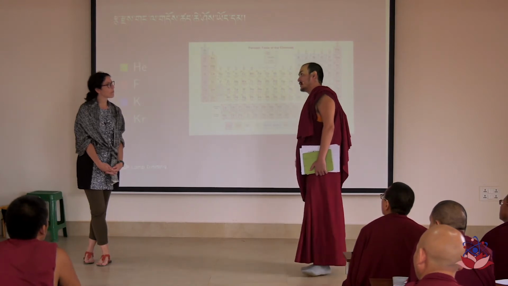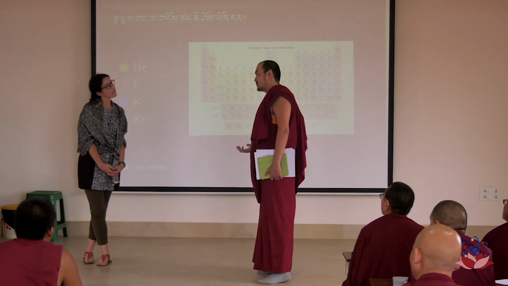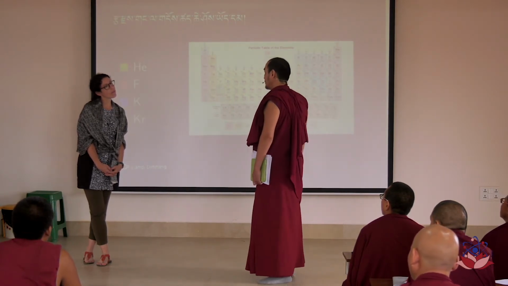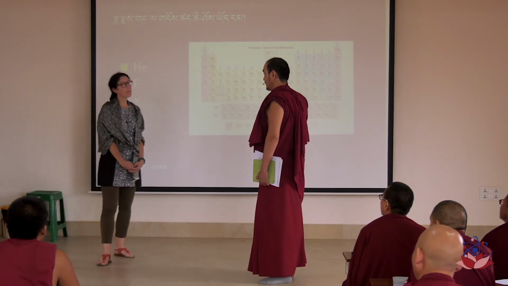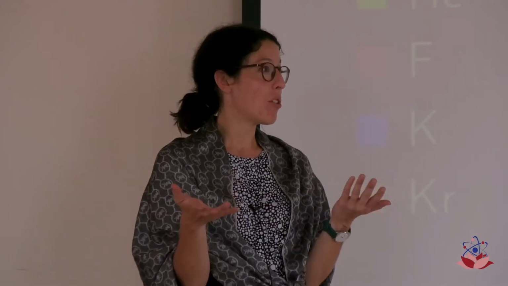So you showed us atoms with the same number of protons and neutrons, and different numbers of protons and neutrons. What happens to the atom if there's an additional number of neutrons? What happens to the atom if you add neutrons? It's just a different isotope.